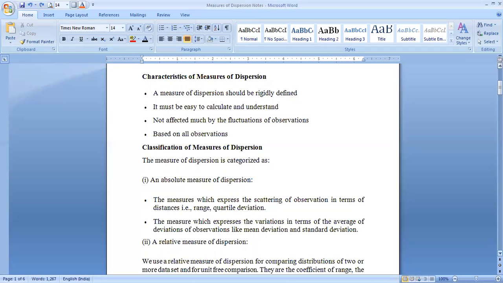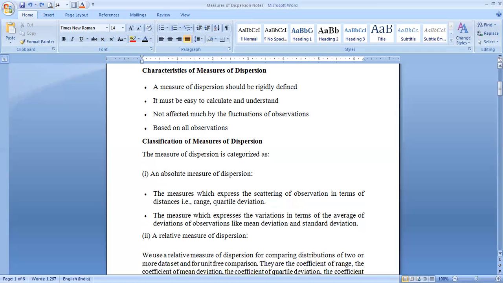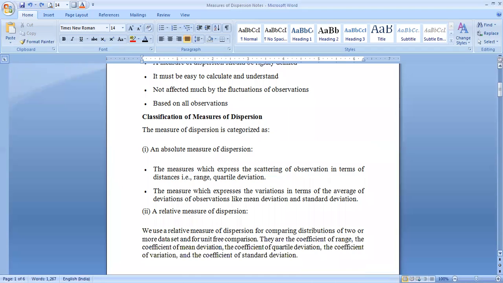And the second type is the measure which expresses the variations in terms of the average of the deviations of observations, like mean deviation and standard deviation.